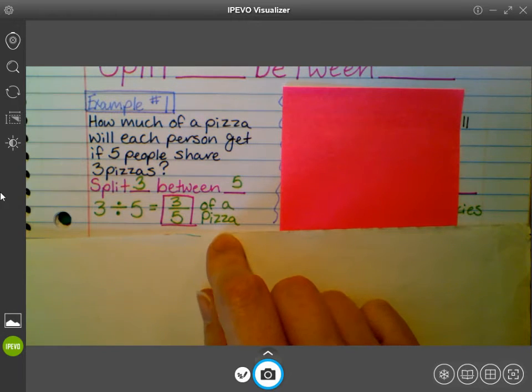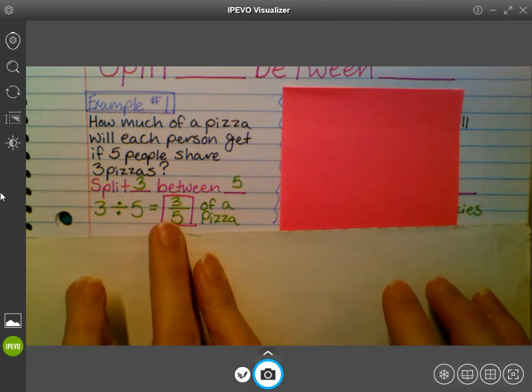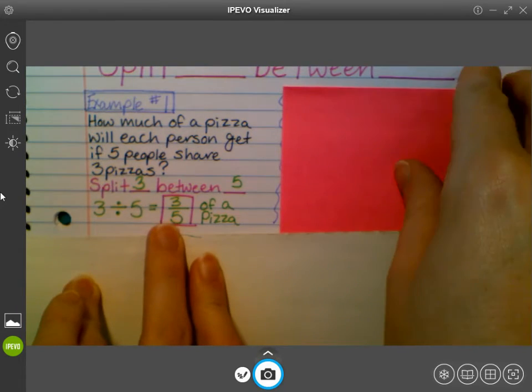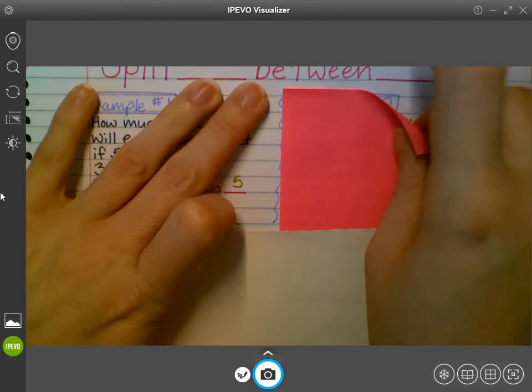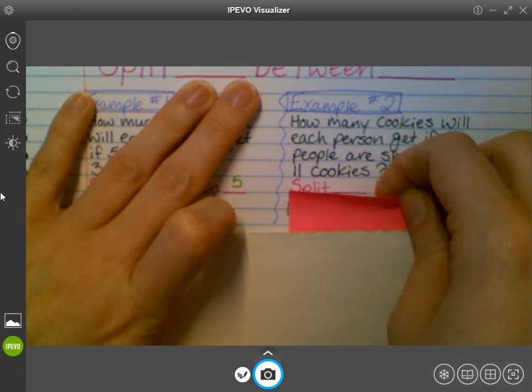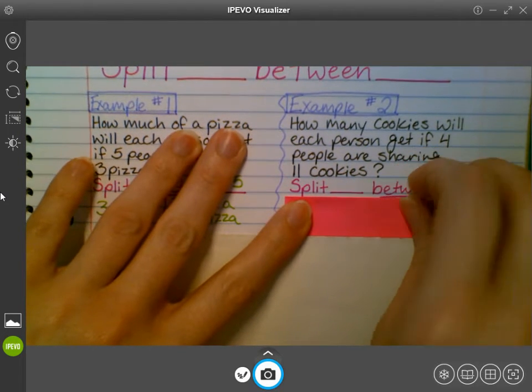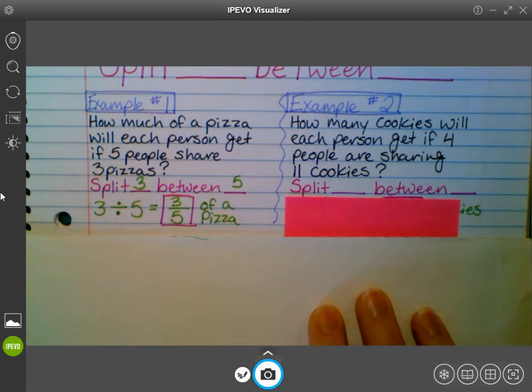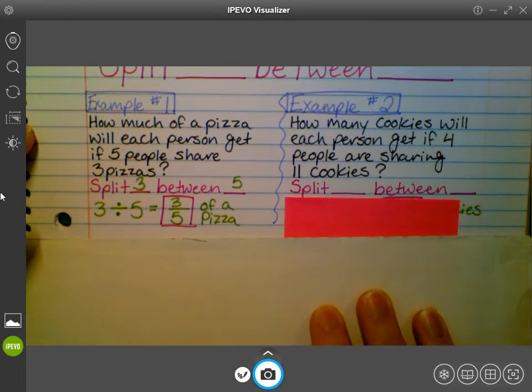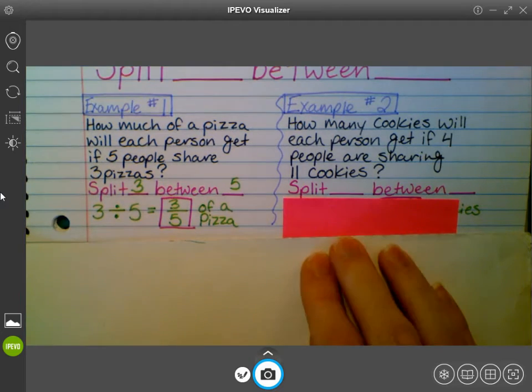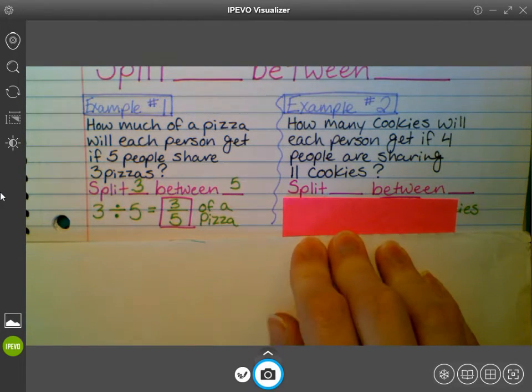Okay, we're going to do the same thing, but with another example question on the other side. So go ahead, get this written down. How many cookies will each person get if 4 people are sharing 11 cookies?